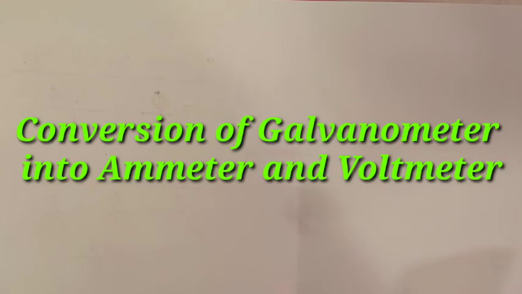A typical off-the-shelf galvanometer is usually not suitable for use as an ammeter. One of the main reasons is that a typical galvanometer has a resistance of about 60 ohm instead of 0 as desired ideally. Now how can we convert one galvanometer into an ammeter?